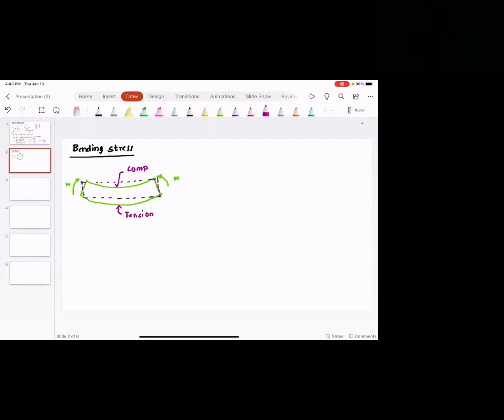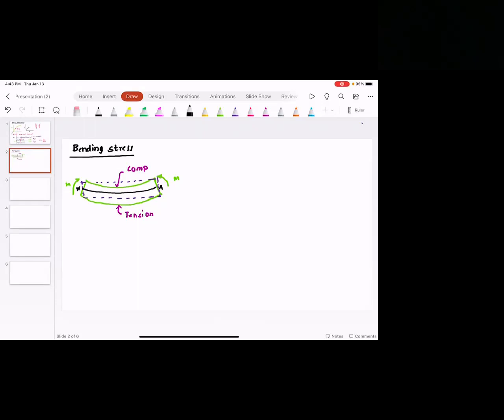So there will be something called the neutral axis. The neutral axis is the axis where the length of the fiber, if you were to measure it, would not change. It would be the same before bending and after bending.